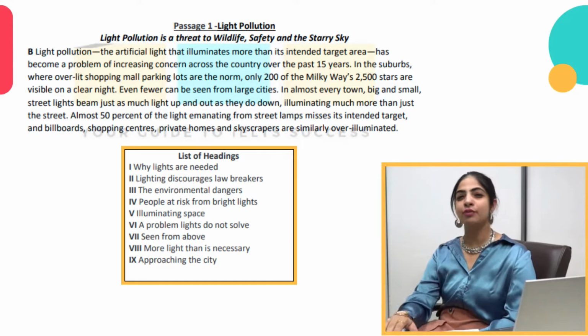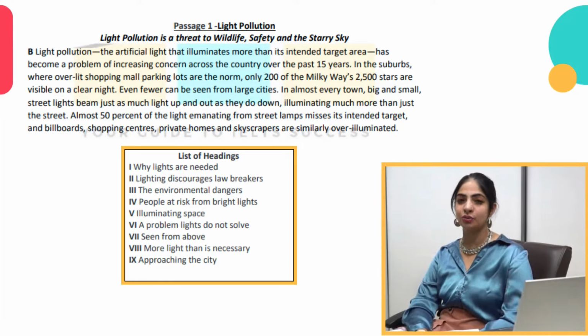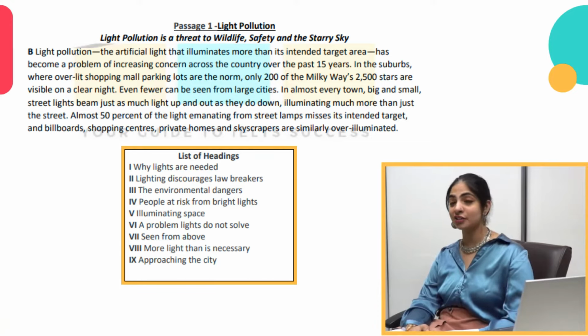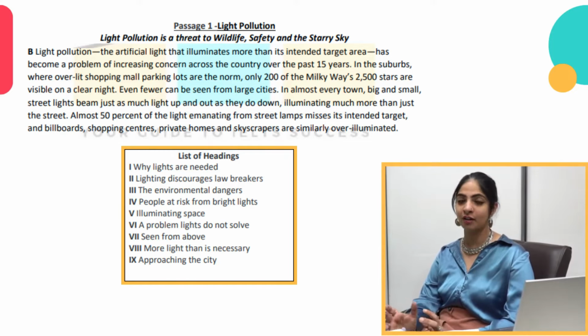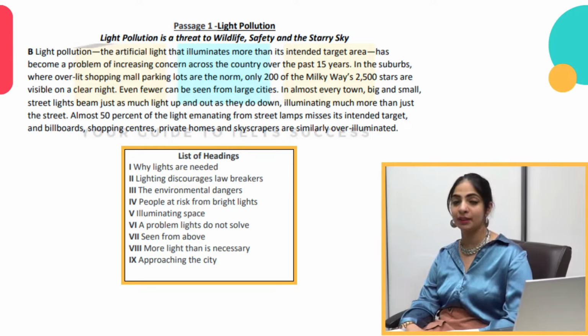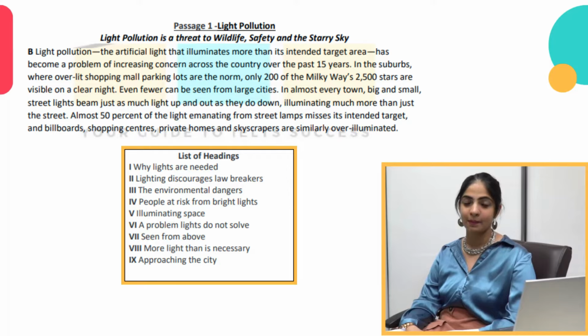And if you read the very first and the last two lines, you feel like it's the fifth option, because in the first line you got a keyword that is illuminating, and in the last line also they have written over illuminated. So if you are decoding the answers like this, it is probably a wrong strategy, because you cannot just merely match the keywords from the first two and the last two lines and come to the answer.